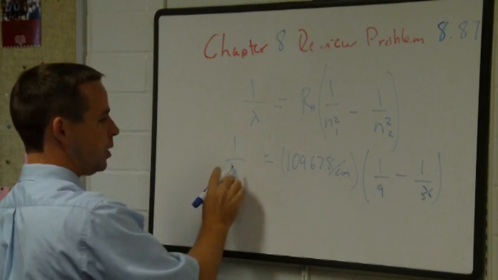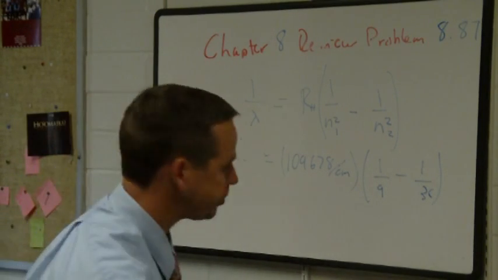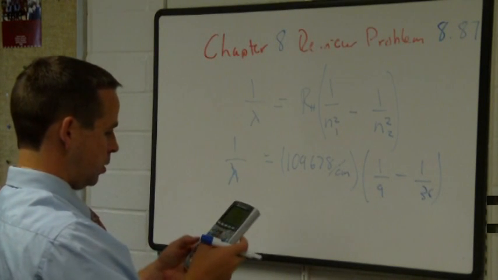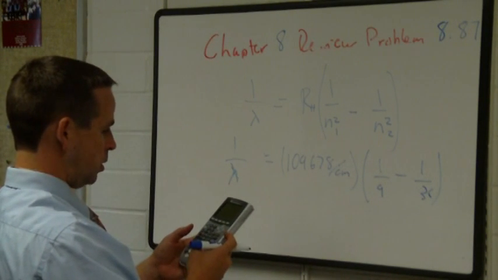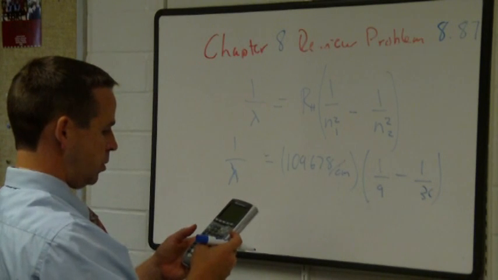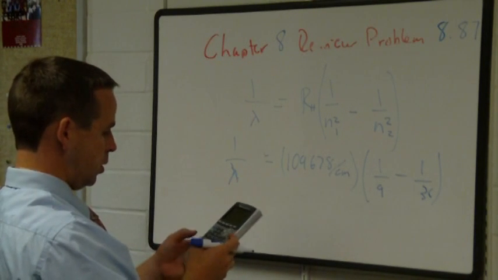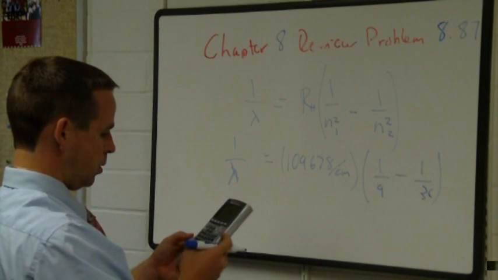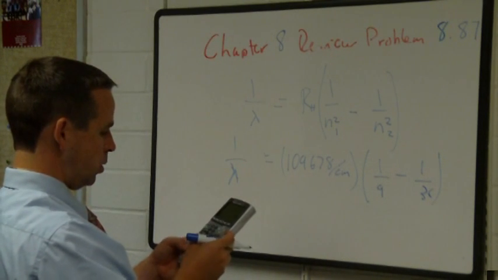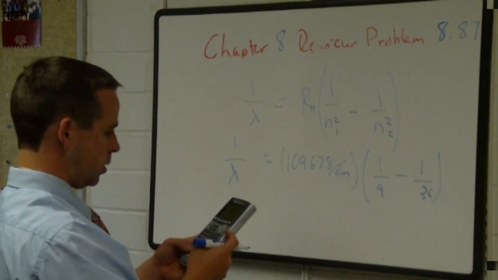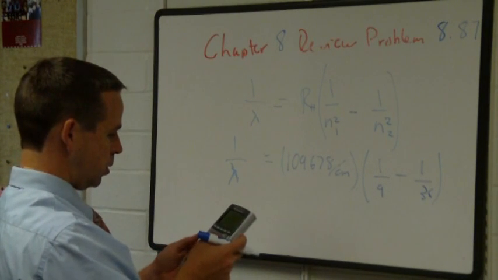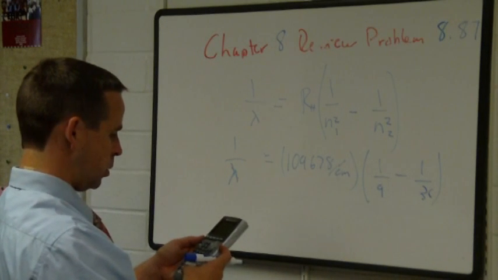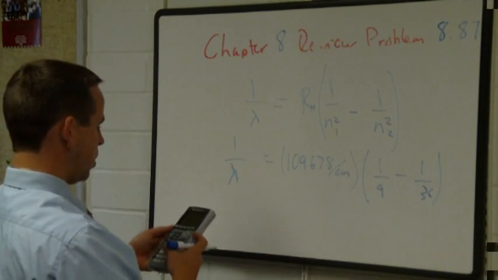We have to solve for this wavelength value here, right? 109,678 times 1/9 minus 1/36. All right, so let me see.